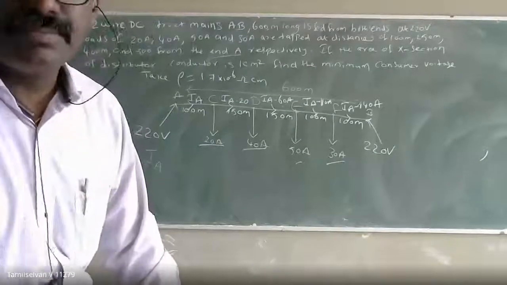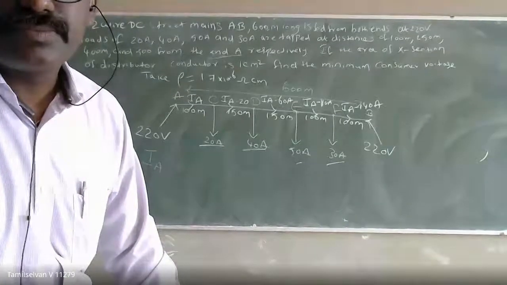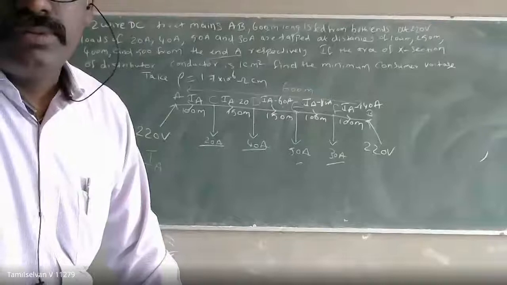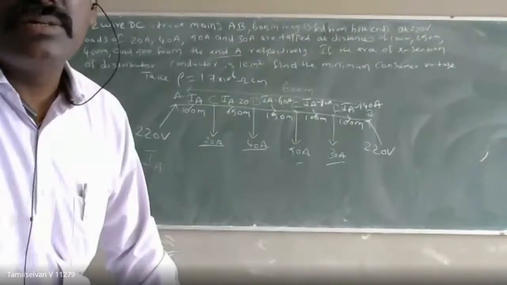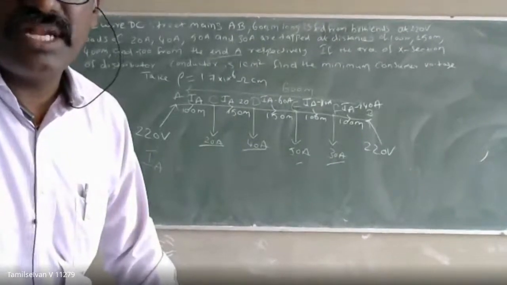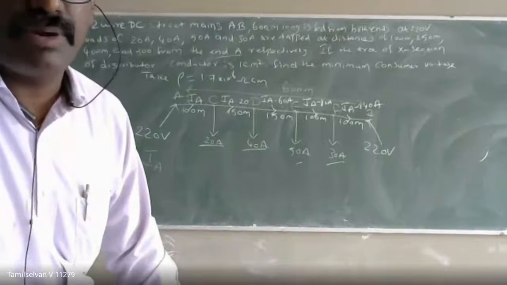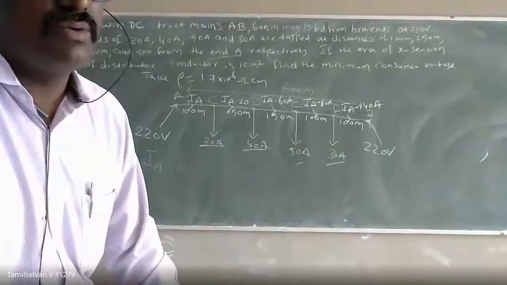Now you got the idea, no? First thing you have to try to find out is your IA current. If you are able to find the IA current, then you can calculate the minimum potential point. Further, you have to use Kirchhoff's voltage law.